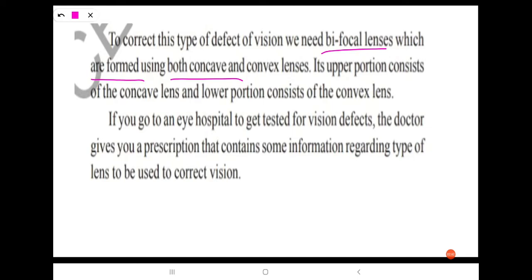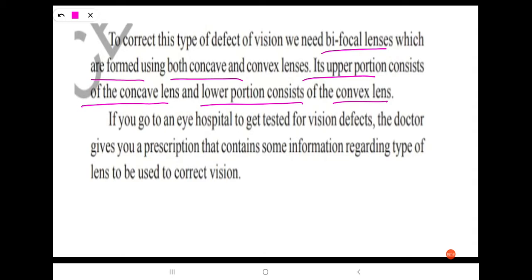But for a person who suffers from both with aging, we need bifocal lenses. Here, the upper portion consists of the concave lens and the lower portion consists of the convex lens.